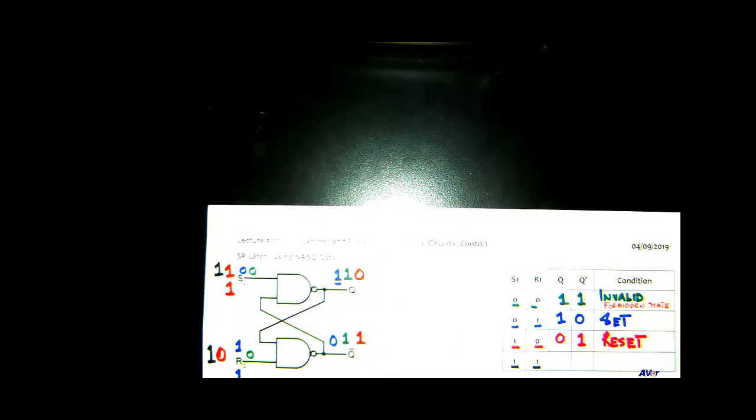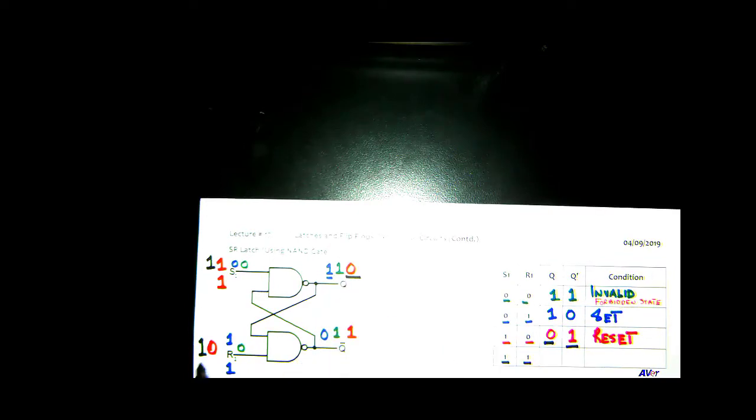Okay, all right, let's try the last combination when both inputs are high. So we got 1 here and we got 1 here. The last state for the Q was 0, and for the Q naught it was 1.